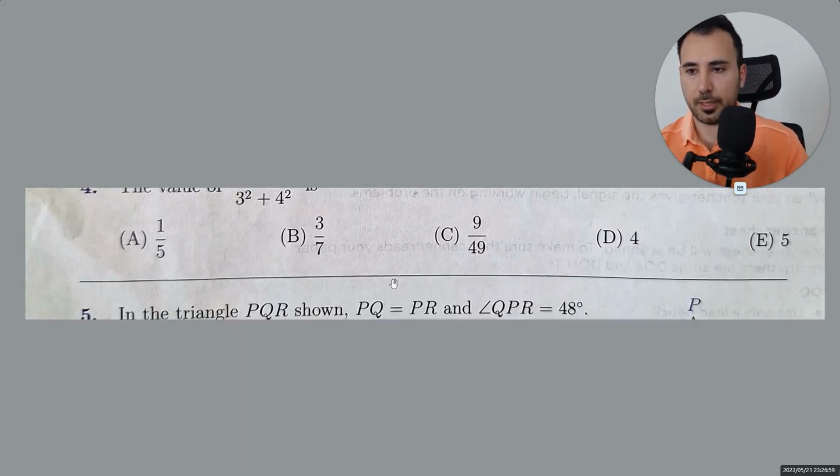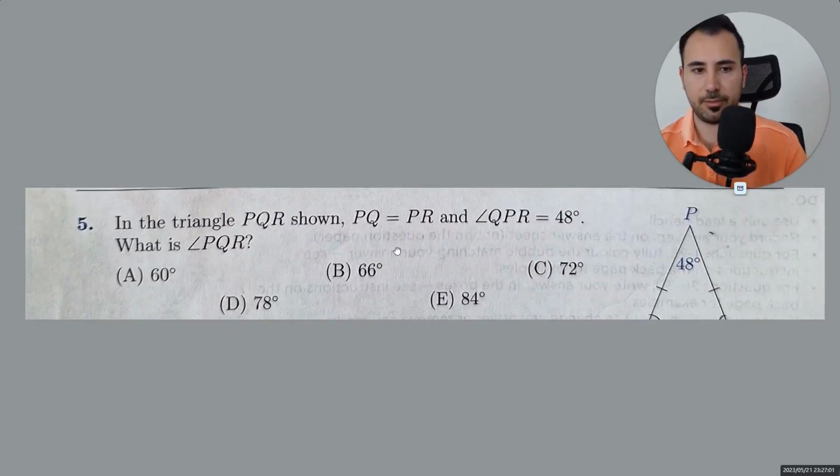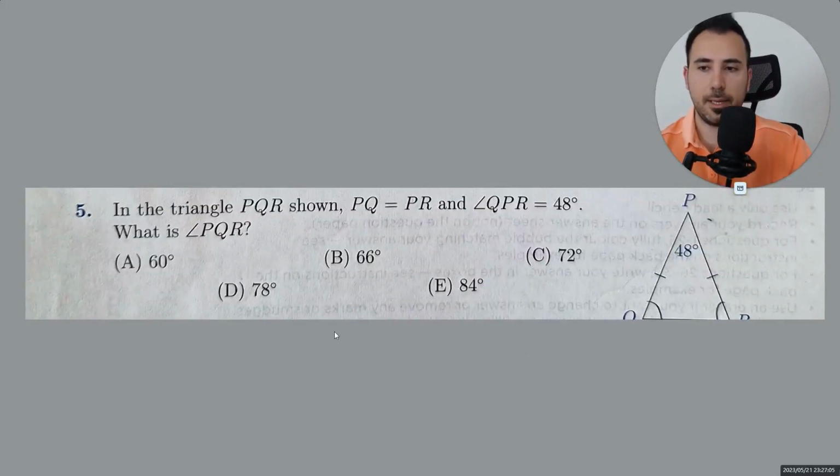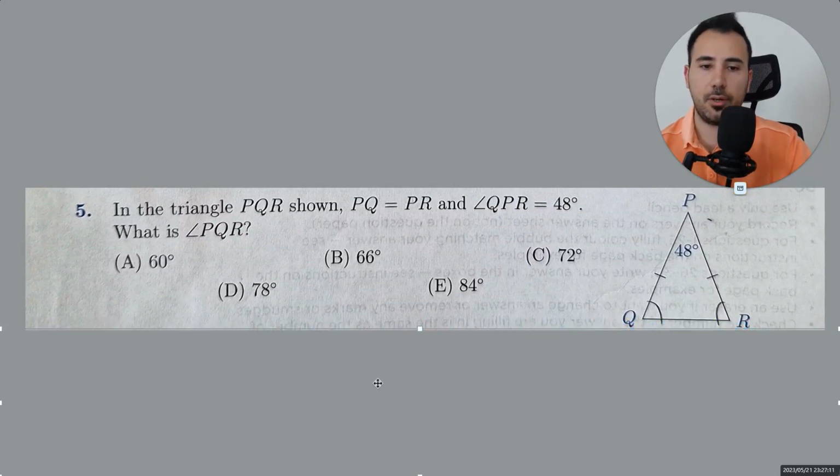Let's go and do question 5. In this triangle PQR, these two sides are the same. And QPR is 48 degrees. And these two parts are for Raven. These are not for the questions, so he put them there. Again, not very difficult.